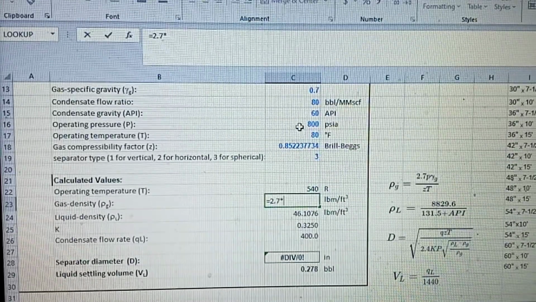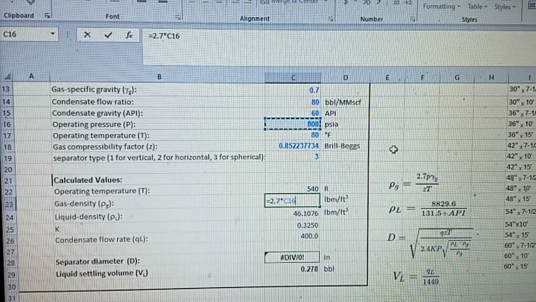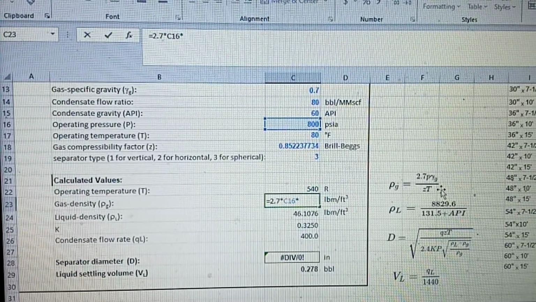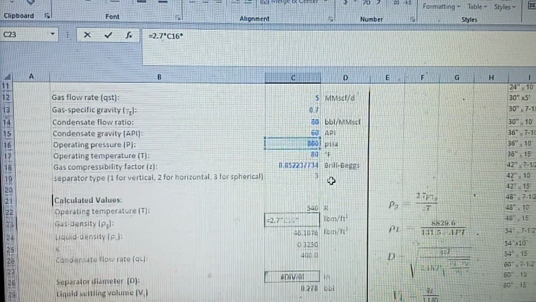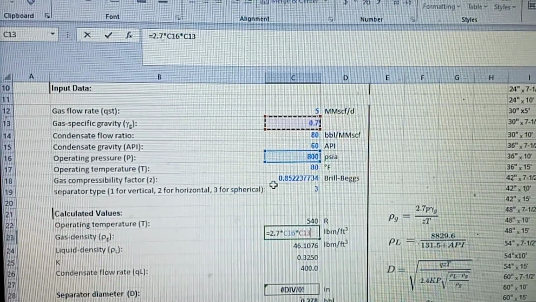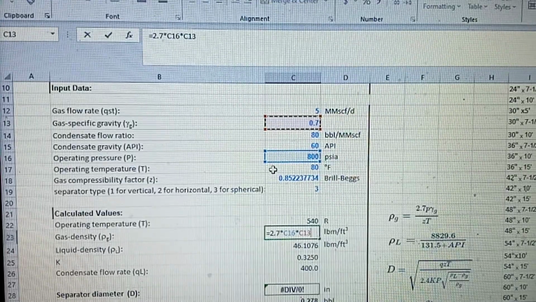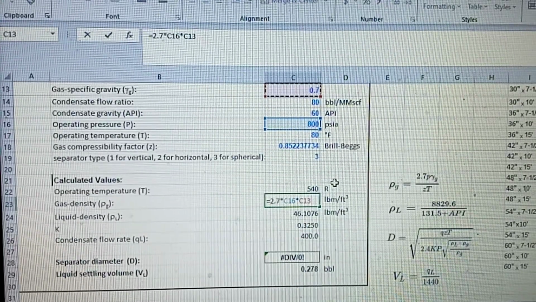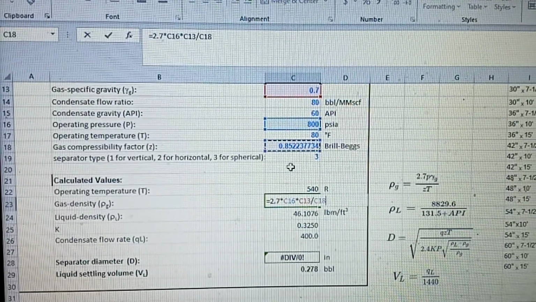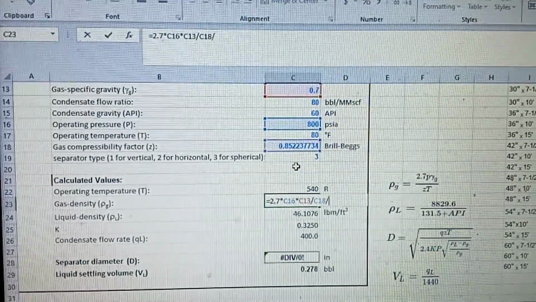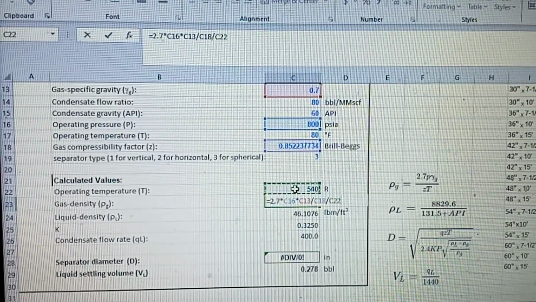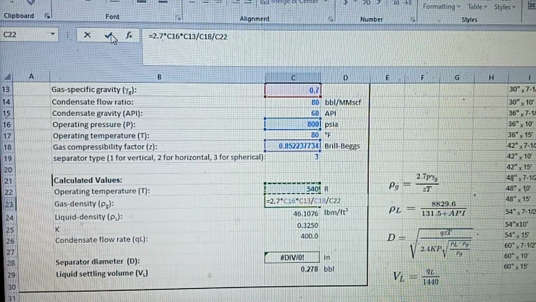I click on pressure, then star again, gamma, which is specific gravity of gas, 0.7. Then divided by z. I click on z, then divided again by T, Rankine. If there is no problem, this should be okay now. Good.